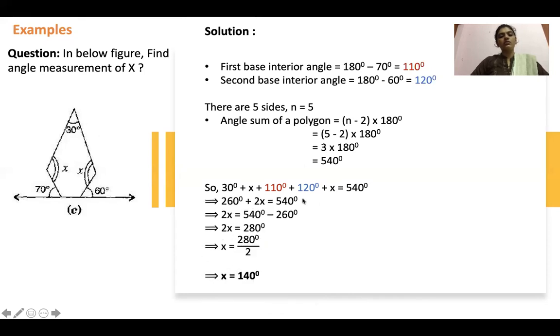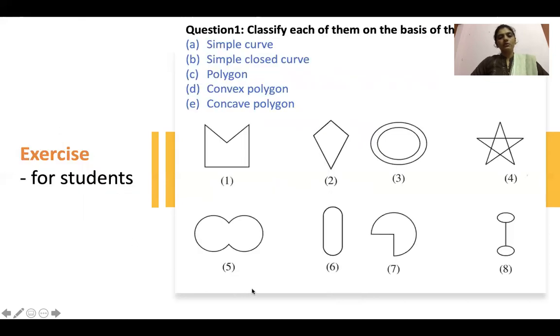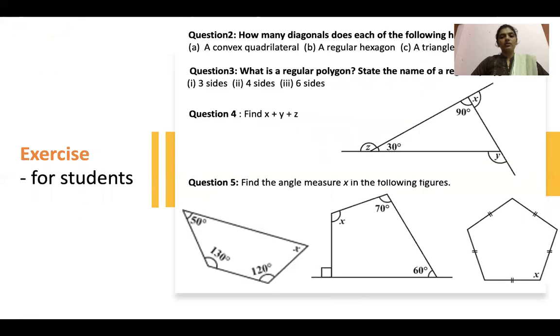If we solve this for x, we get x is equal to 140. Since both the x angles have equal value, both angles are 140 degrees. Similarly, we can solve this question on the basis of our discussion.